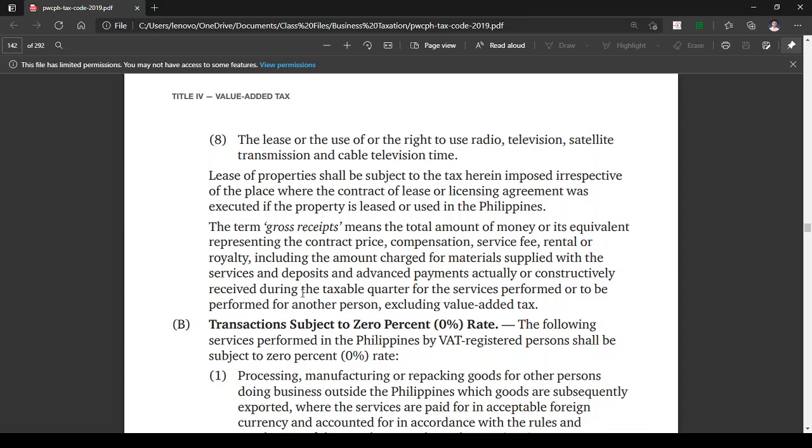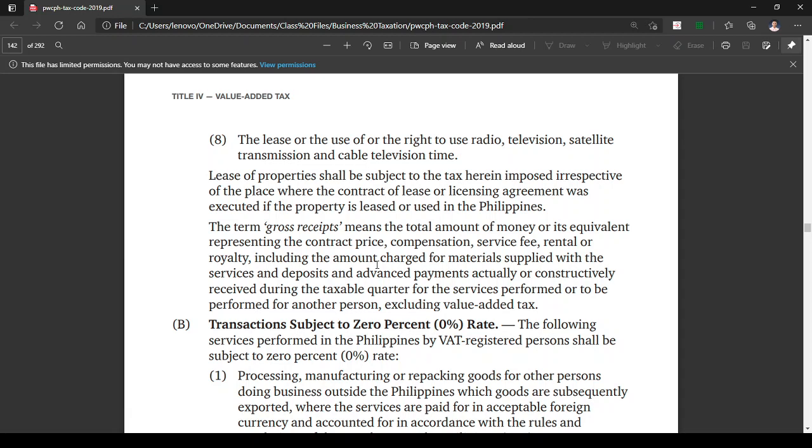Tapos, ang materials na yun is pinabayaran natin sa customer. So, yung amount charged for the material supplied with services is included dito sa gross receipt. So, included siya sa basis ng computation ng value-added tax.